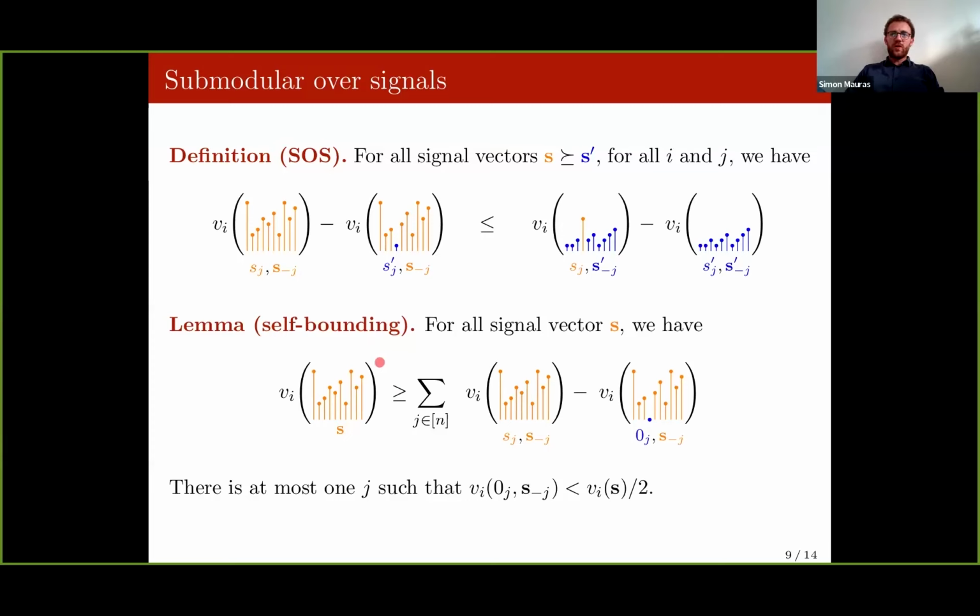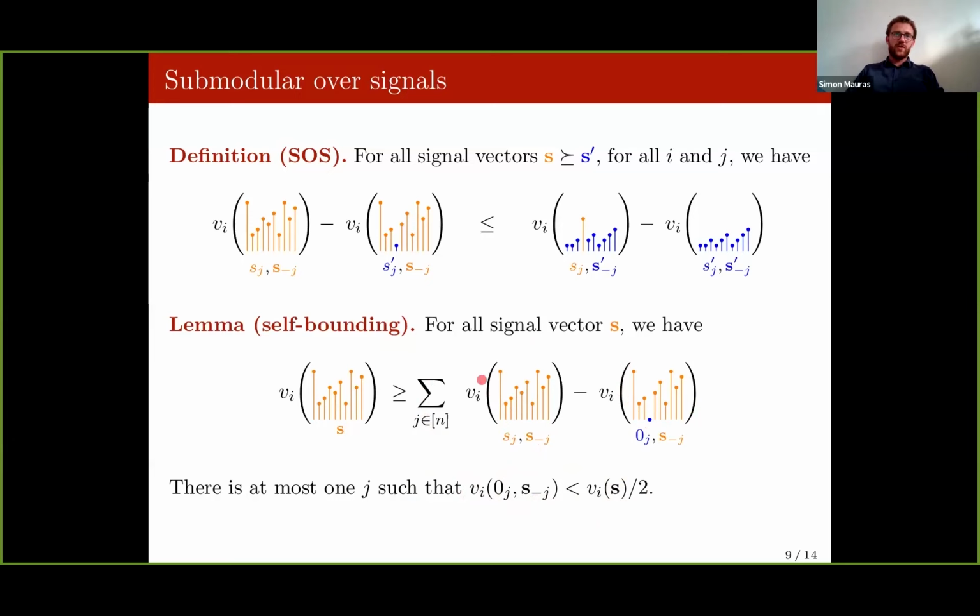Okay, so in particular, one very good property that we have from this is, look at this right-hand side term here. It must be the case that there is always at most one j such that the low estimate Vi0j is much smaller than Vi, much smaller being a factor 2 smaller. Because if you had two of them, then this sum would be too big and this would not work.